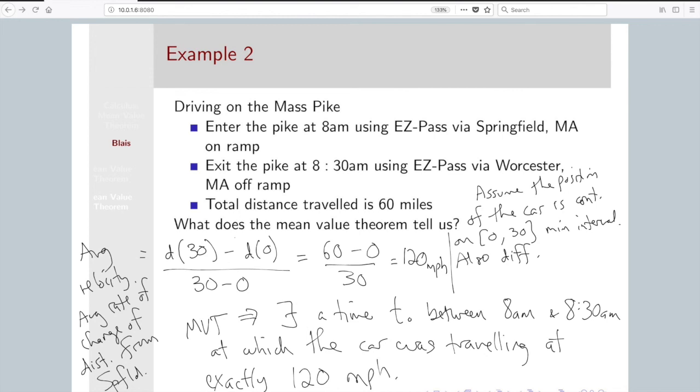And the key word there is exactly. You can think of this as that's what the speedometer was reading. There had to be at least one moment where the driver was going exactly 120 miles an hour.